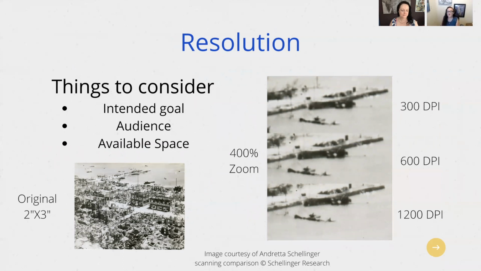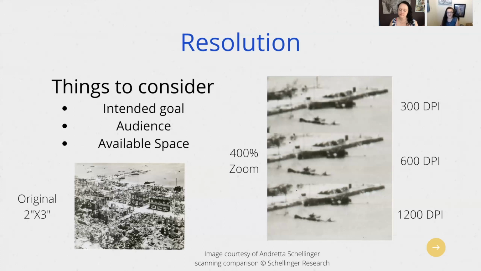Do you want to display them either by printing or print one of the images and put it on a library wall? Or do you want to put it forward facing for historians and other archivists to be able to see the product? And why this is important is because it is determining what is it going to be expanded? Do you want to blow it up? And if that, then you need a higher resolution.